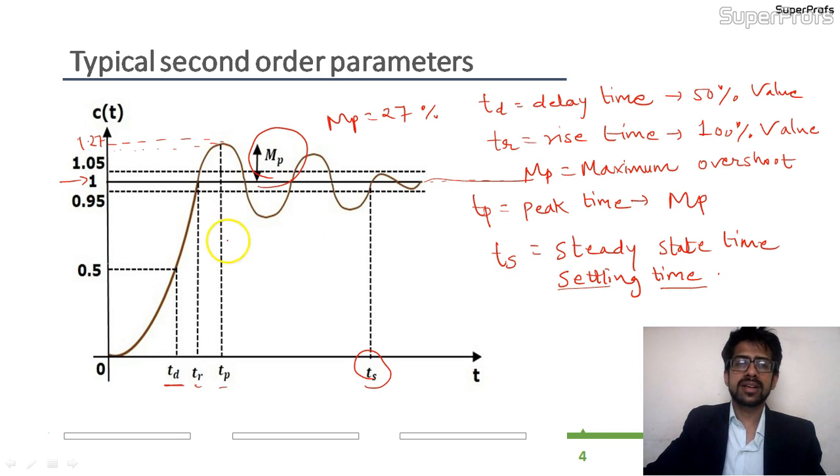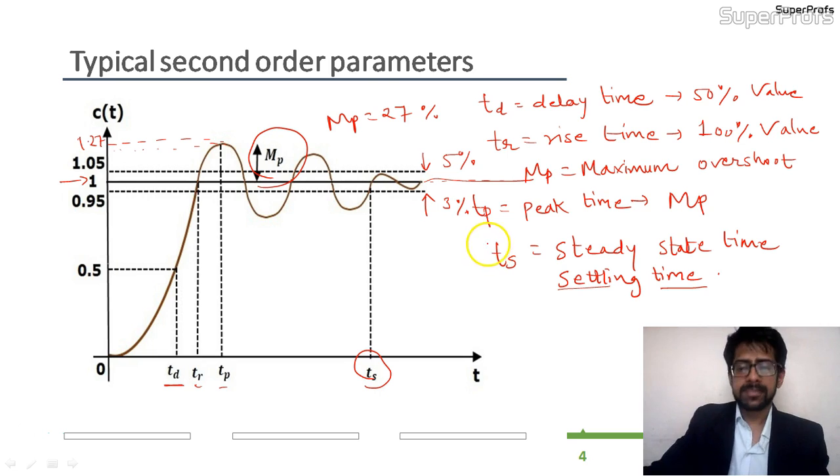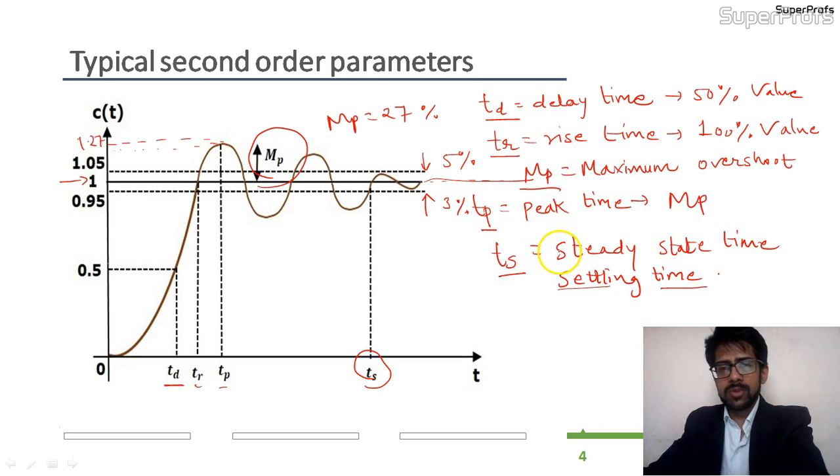Settling time is nothing but when all the transients die out and the system output finally reaches into the proximity of the desired output. The tolerance of proximity is given by 5% plus minus, or sometimes 3% plus minus. We will now in the next slides study the formulae to calculate all these terms: TD, TR, MP, then peak time and settling time. Let us go forward and see.